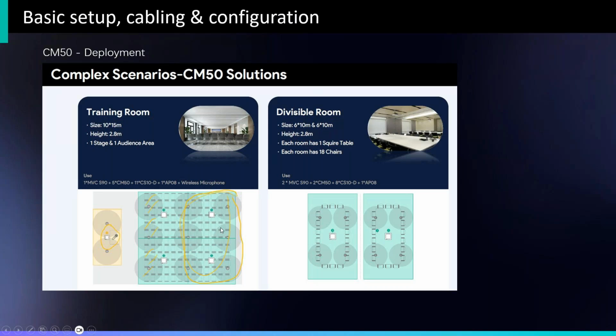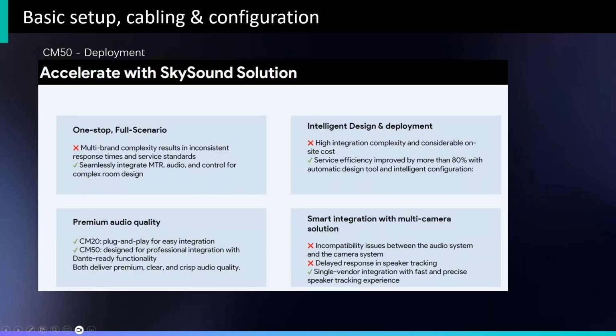Now we also then have here divisible room setup. That can be bigger rooms, of course, can also be smaller rooms. We will have there one-stop full scenario. We have not a multi-brand complexity, but we have all using Yealink gear, which gives us the benefit that when there is an issue, we have to only go to one vendor.